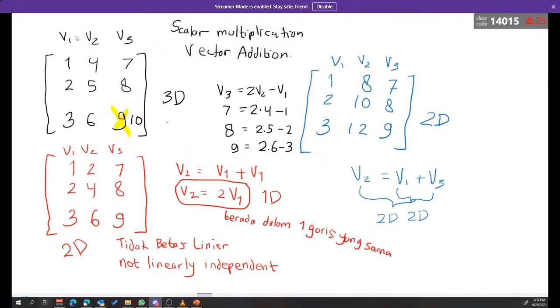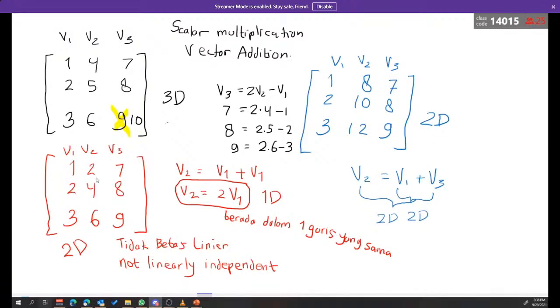Mengapa? Karena syarat dari bebas linear yang lainnya adalah kita tidak bisa merepresentasikan satu vektor dengan vektor yang lainnya. Anda mau masukkan skalar berapapun, mau masukkan alfa berapapun ke V1, itu tidak akan bisa merepresentasikan V2 ataupun V3.